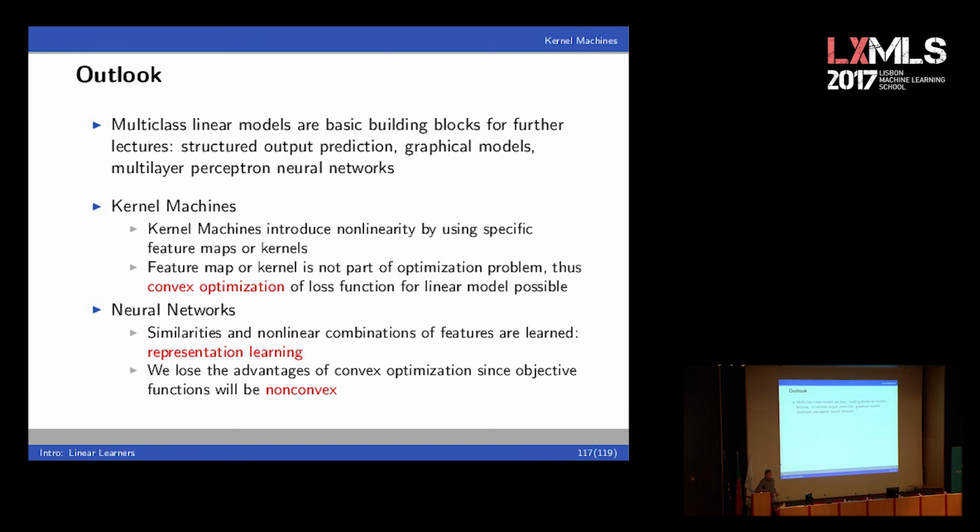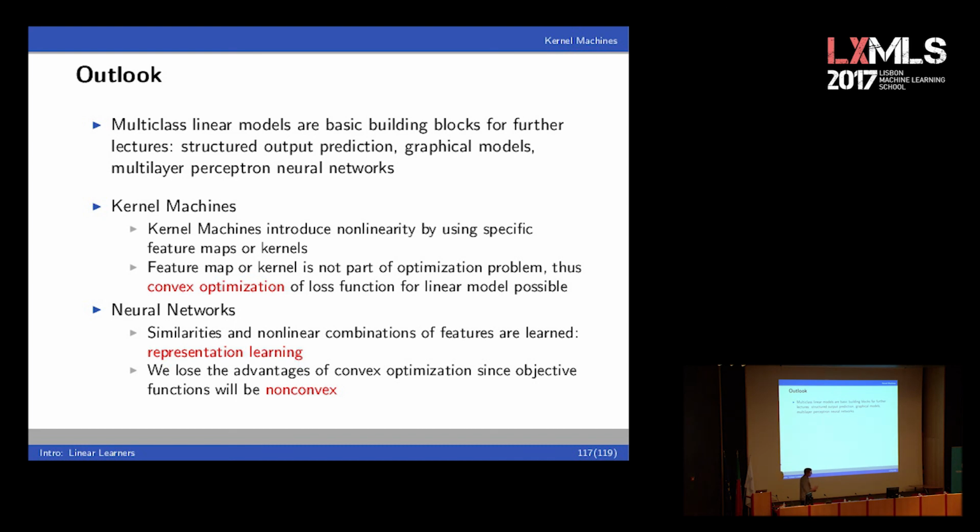And one last word on how this is useful for the classes that are coming up. The multi-class linear models, as I presented them, are the building blocks for structured prediction, where the outputs are not just classes but structured outputs, like parsers, translations, sequences, but they really build on the same techniques that we have seen here.